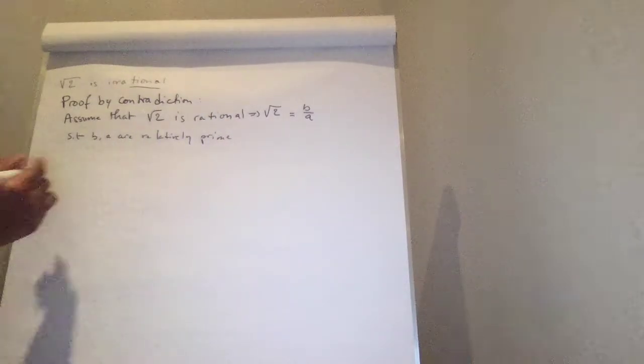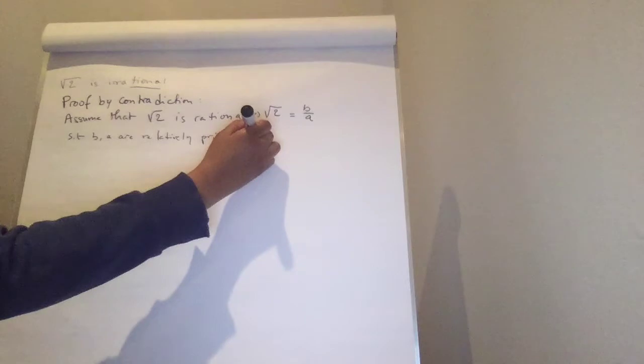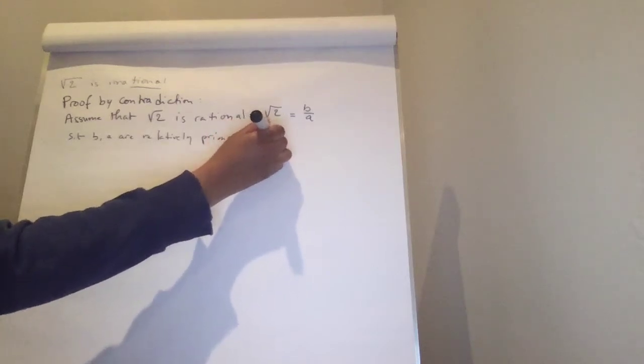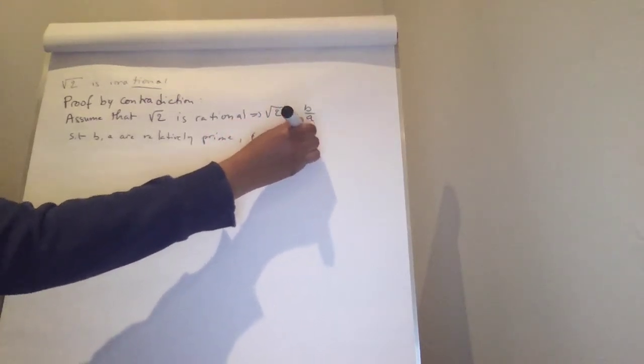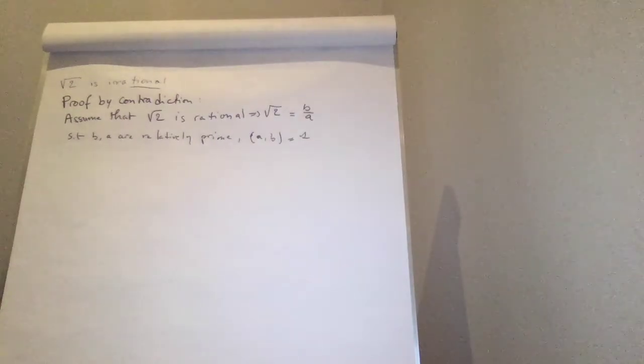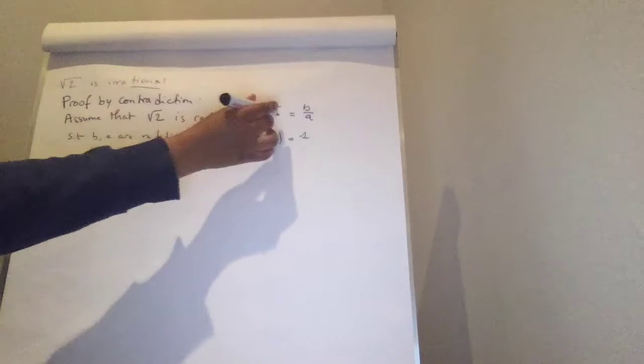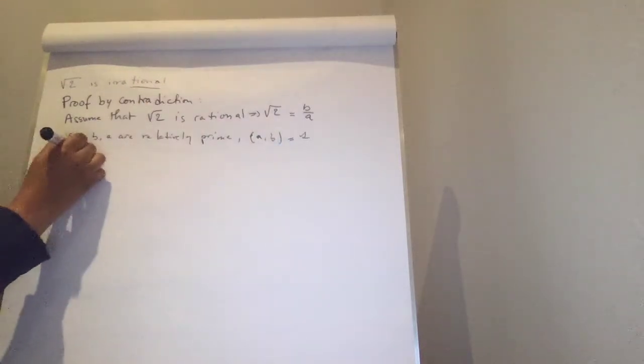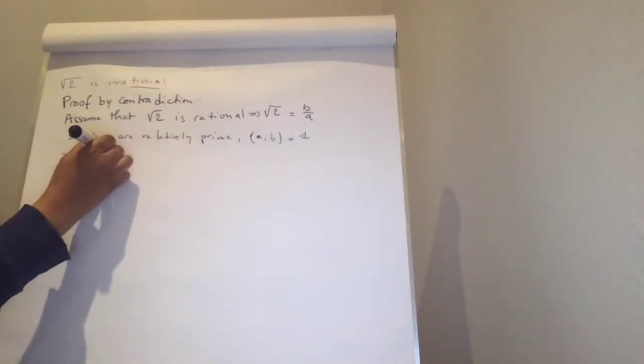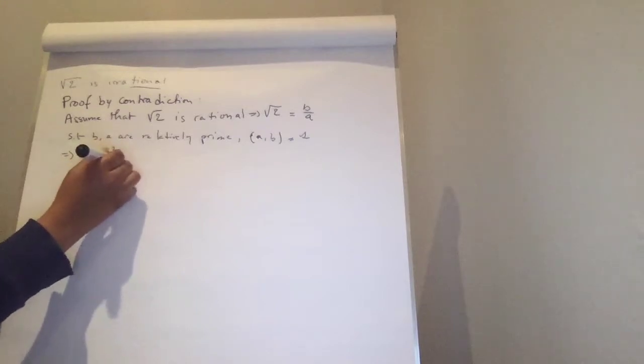And this means that the GCD of a and b is 1. So from this formula here, we can say that 2 is equal to b squared divided by a squared.